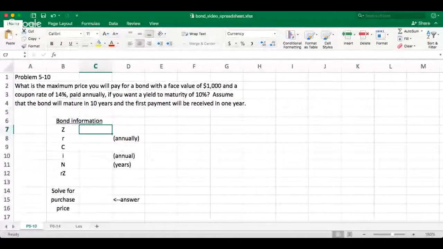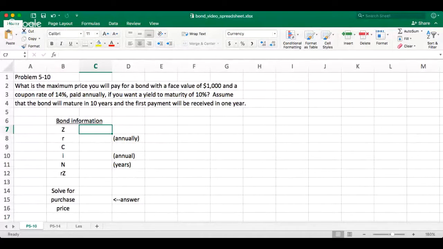So here we go. Problem 5-10, and the problem statement is: what is the maximum price you will pay for a bond? So we're solving for V sub n. That's immediately evident.